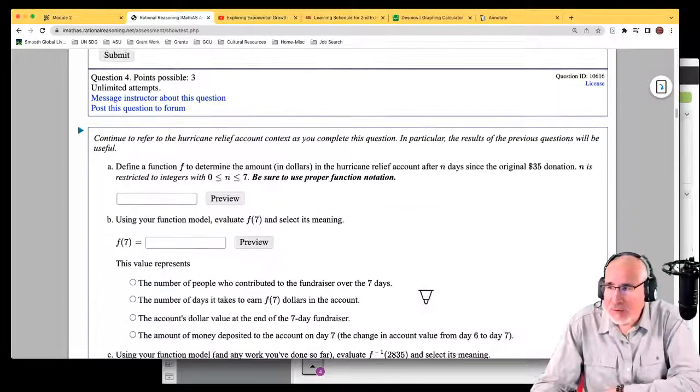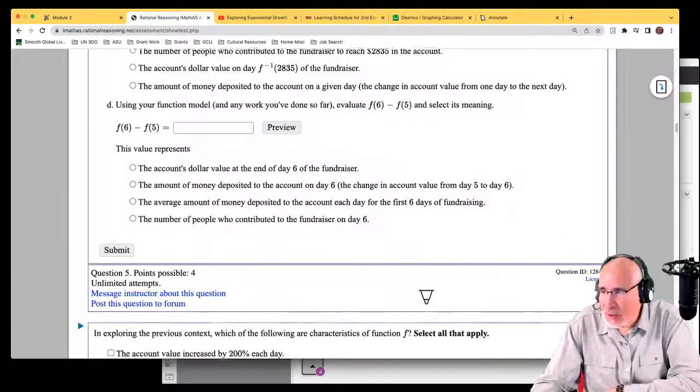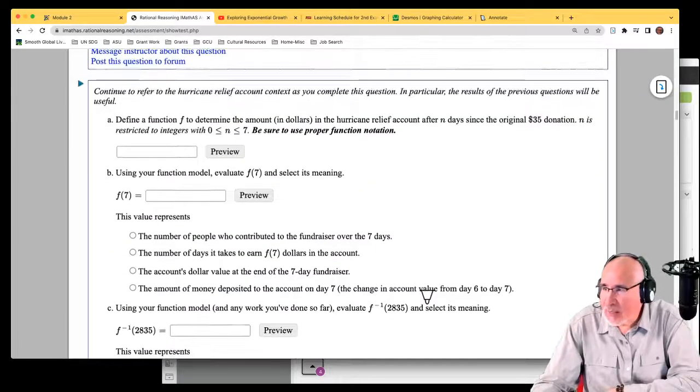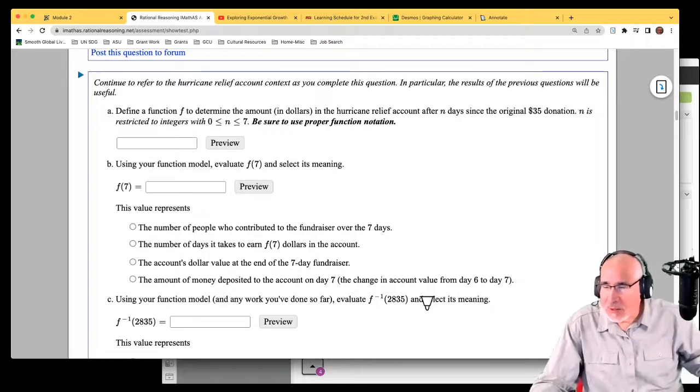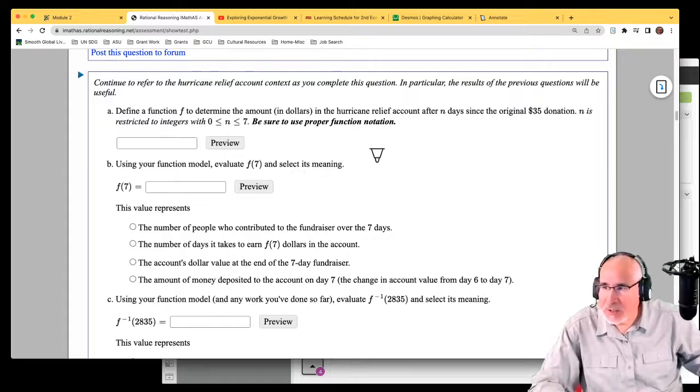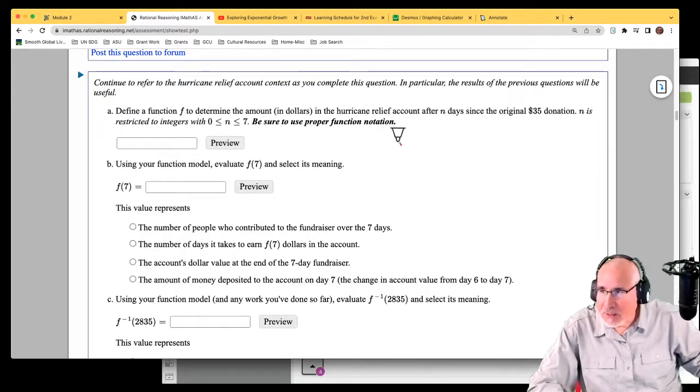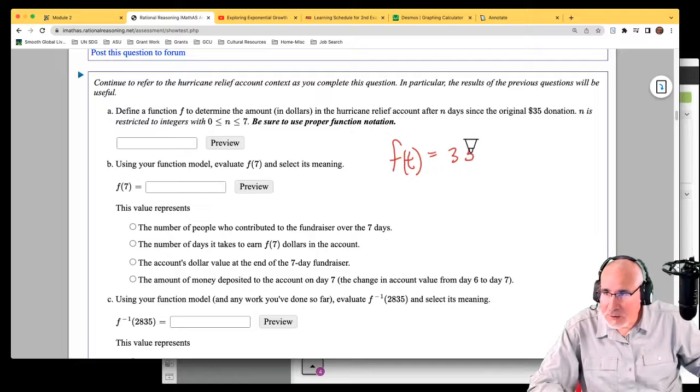What I want to focus on is to add something new, and what we come up with is, as they're saying, coming up with a function. So what's happening here, our donation function is we started with $35, and then we are tripling it.